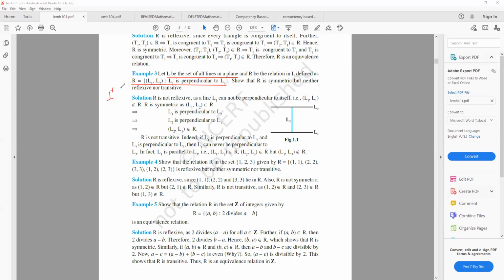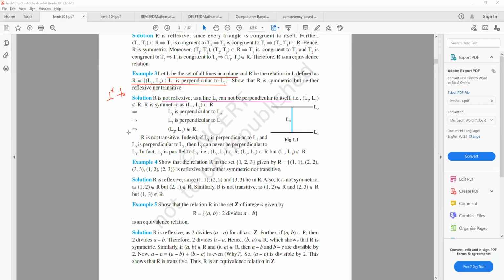So without looking at the answer, can you say whether this relation is reflexive? Reflexive है तो क्या होना चाहिए? खुद को relate होना चाहिए. But we know that one line cannot be perpendicular to itself. एक लाइन खुद को perpendicular नहीं ना. So it is not reflexive.